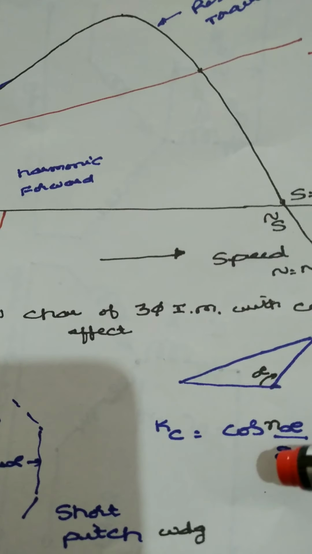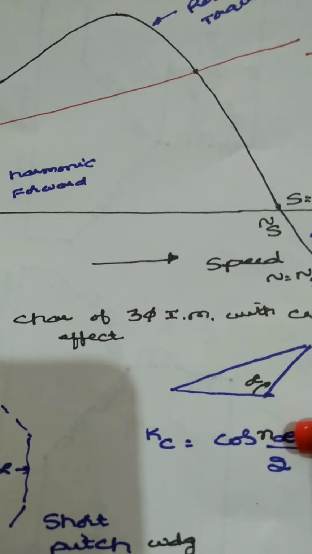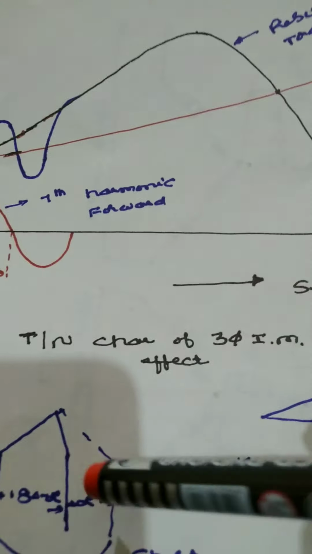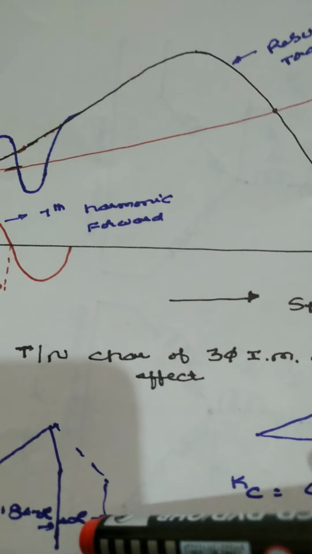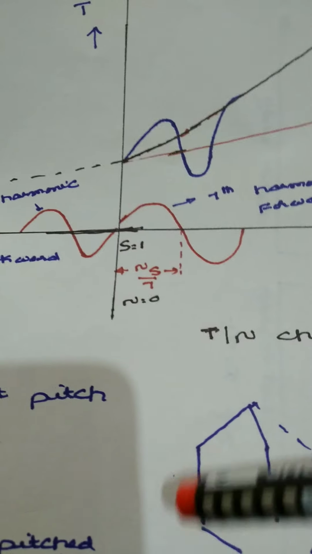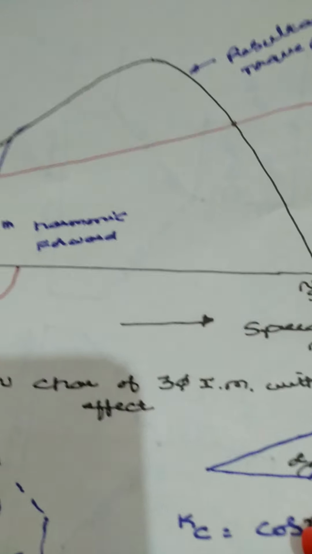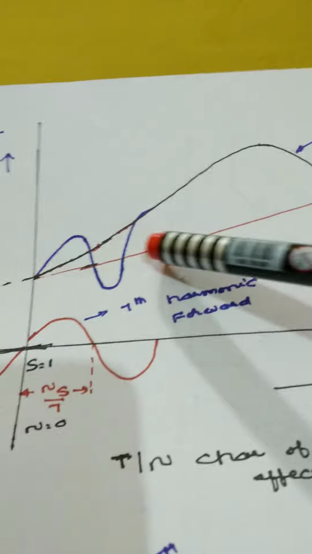The pitch factor is kc equal to cos(n alpha/2). By adjusting alpha, the seventh harmonic can be eliminated. So by short pitching the winding by an angle, you can eliminate the seventh harmonic. If you eliminate the seventh harmonic, automatically this crawling phenomenon can be overcome.